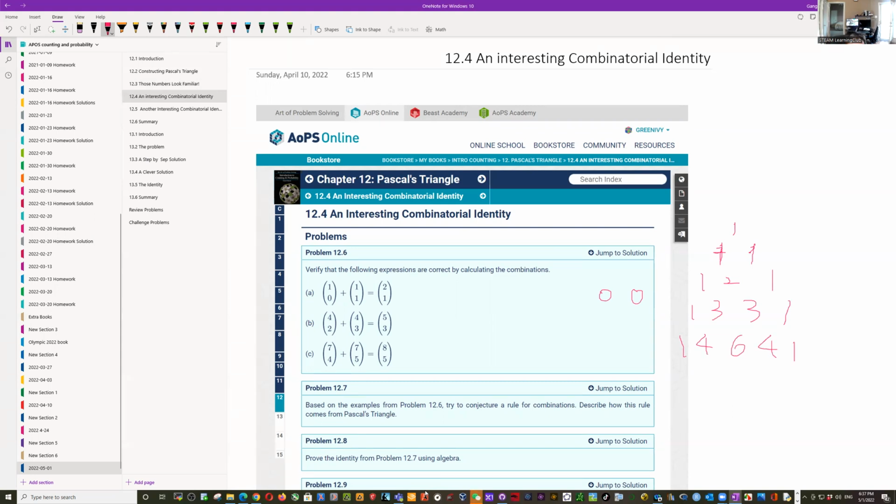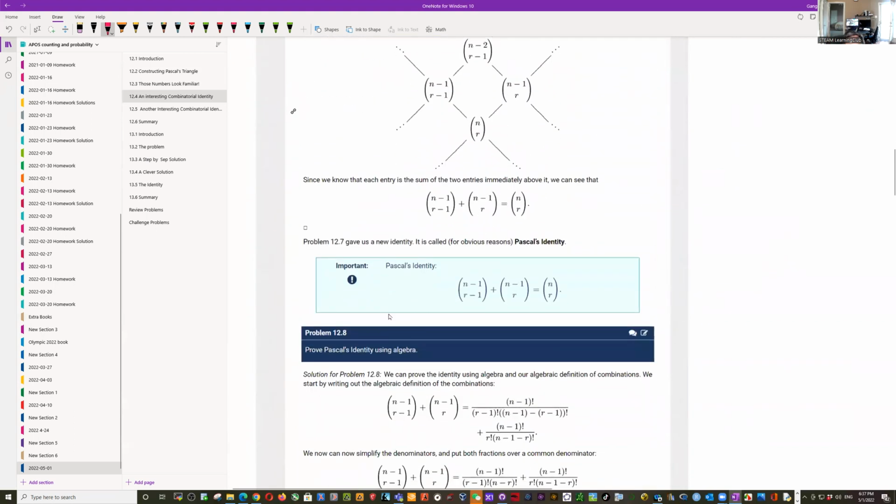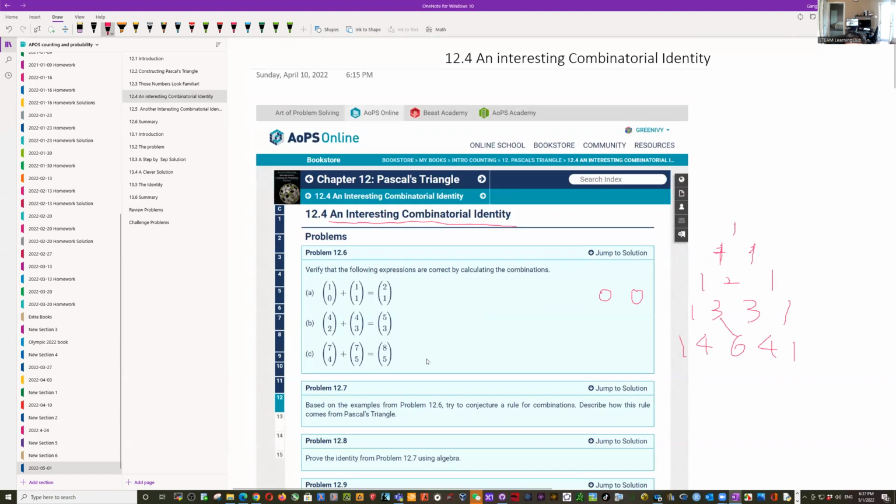This little interesting combinatorial identity is called Pascal's formula, or Pascal's identity. This identity is saying that the top layer forms an inverse triangle, so there is a sum and addends relationship in this inverse triangle.